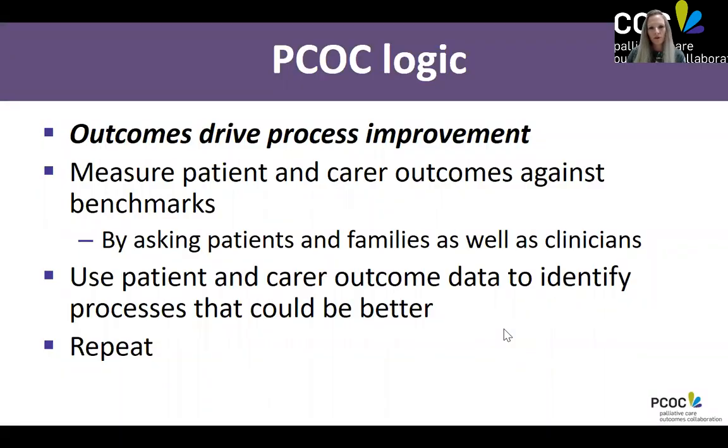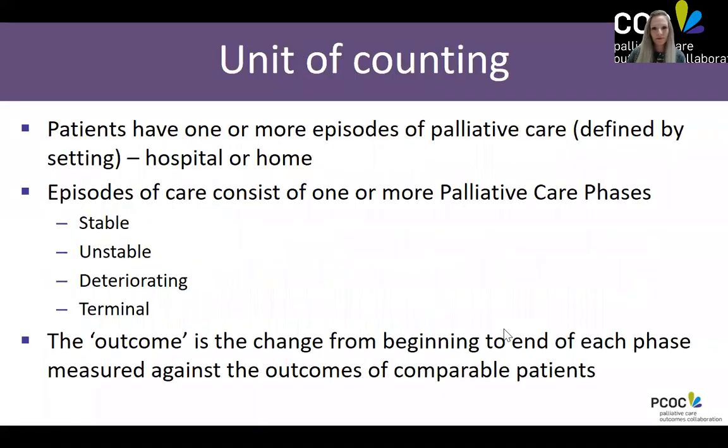So what is the PCOC logic? The logic is that outcomes drive process improvement. This means that patient and carer outcomes are measured against benchmarks by asking patients and families as well as clinicians. The patient and carer outcome data is used to identify processes that could be better, and then you repeat the cycle.